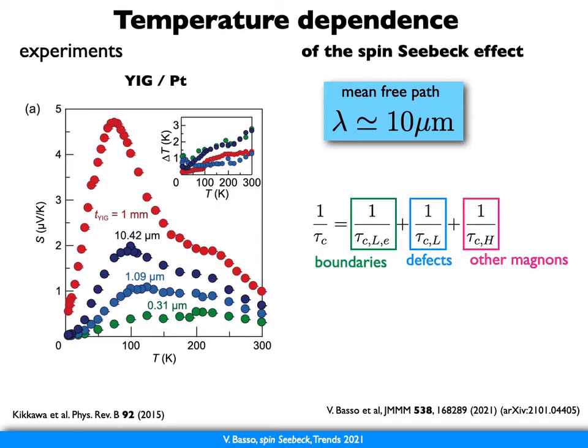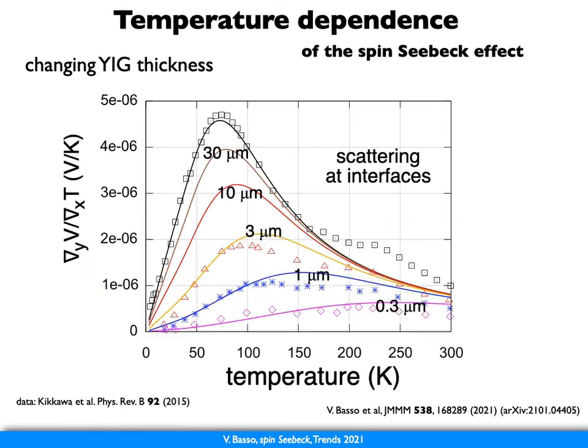We have to include another source of scattering, which is the interaction with the boundary, so the finite thickness of the sample. If we do that, we introduce another scattering mechanism, which is the boundary one. But now what we can do, we can take the data for the bulk, adapt for finite thicknesses, adding the scattering of the boundaries, and then describe the full set of data. And this is the main result. So the black curve and the black points are the bulk.